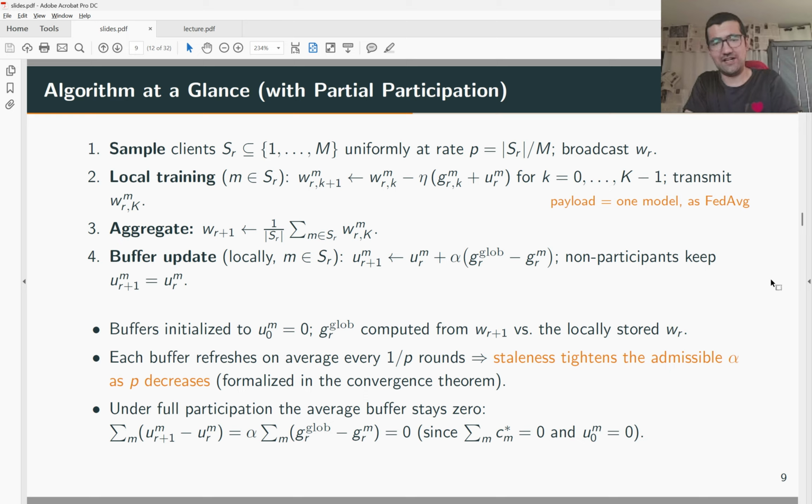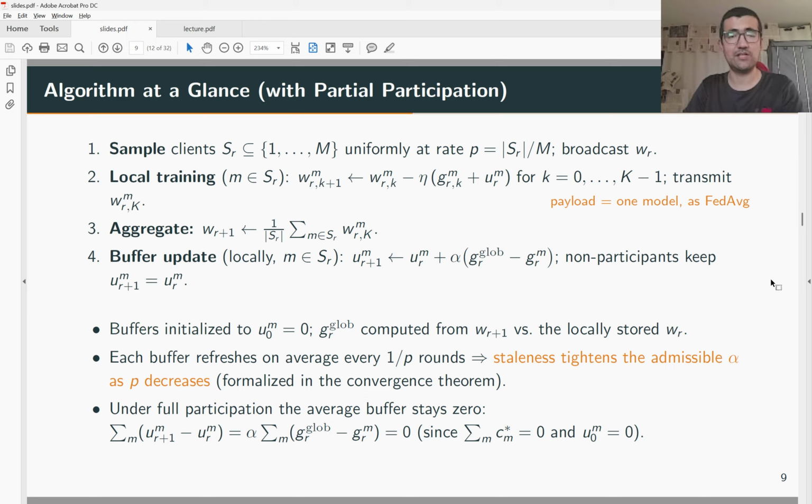I want to emphasize this. The payload is one model, exactly like FedAvg. 3. The server averages, business as usual. 4. Each participating client updates its buffer locally using the pseudo gradient residual. Everyone else simply keeps their buffer unchanged.